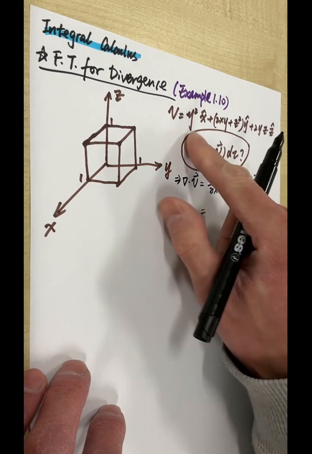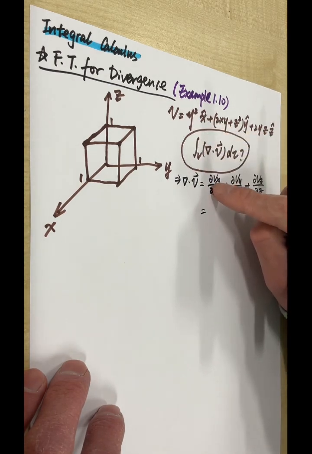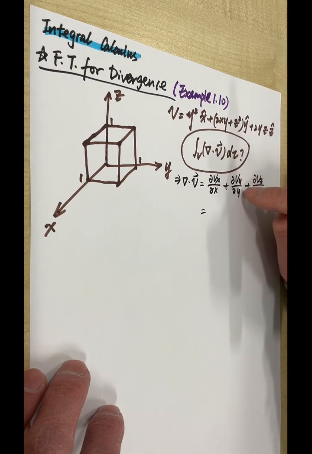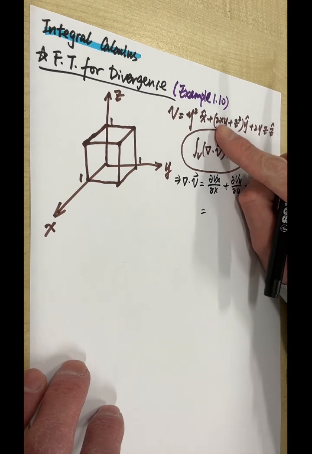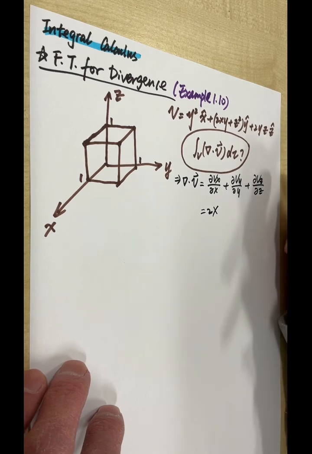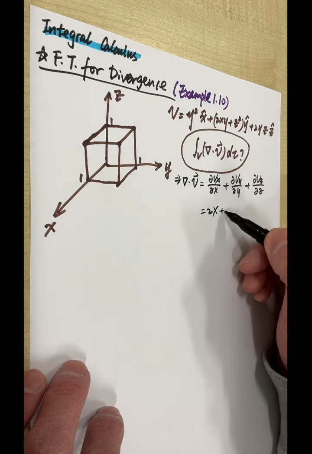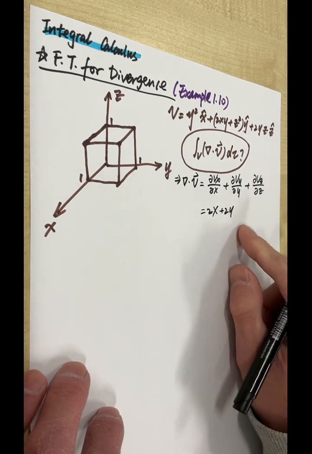So vx is y squared, so dvx/dx gives us 0, and then dvy/dy gives us 2x, and dvz/dz gives us 2y. So this is the divergence.